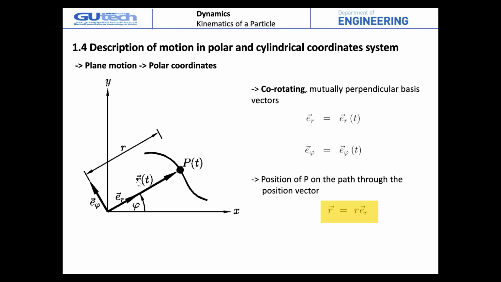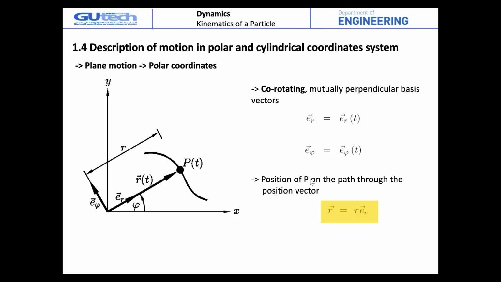The position vector r is time dependent, and Er is changing, as well as E phi. That means Er is time dependent and E phi is also time dependent.